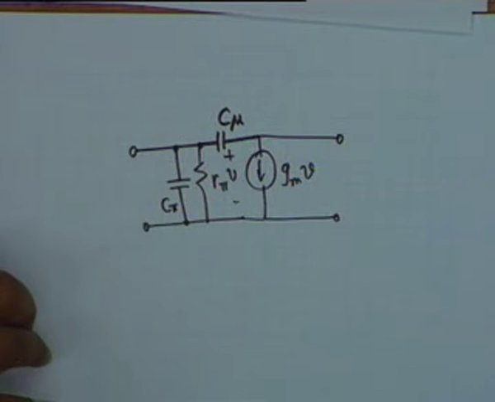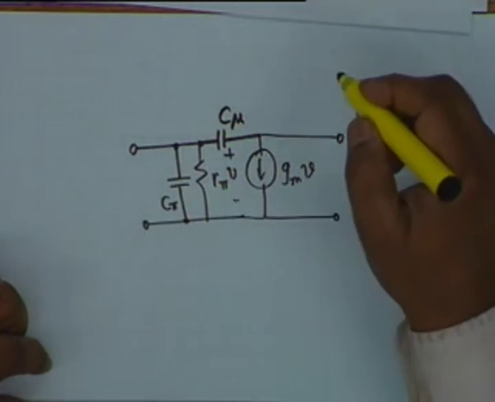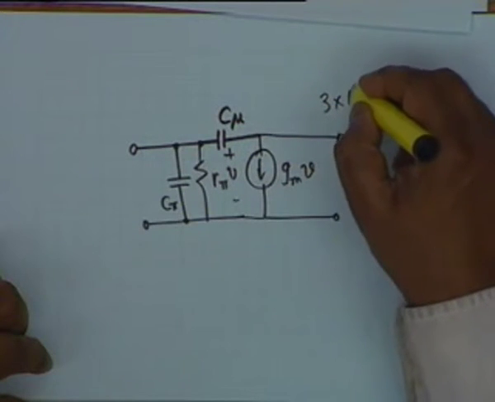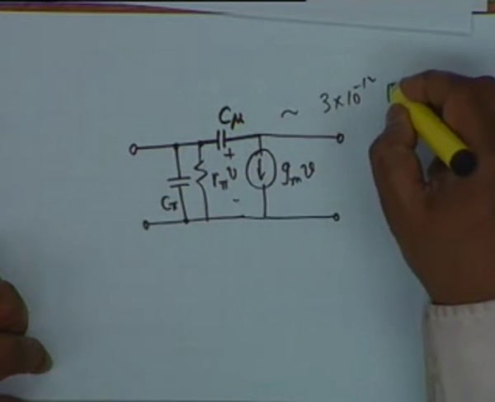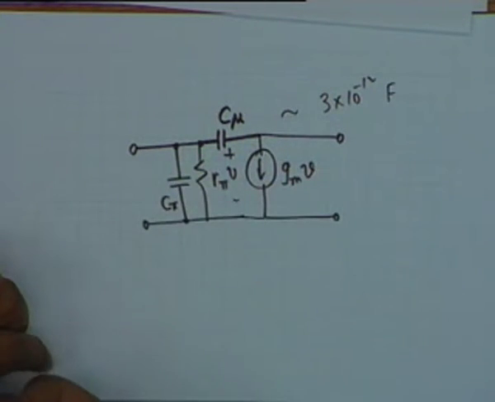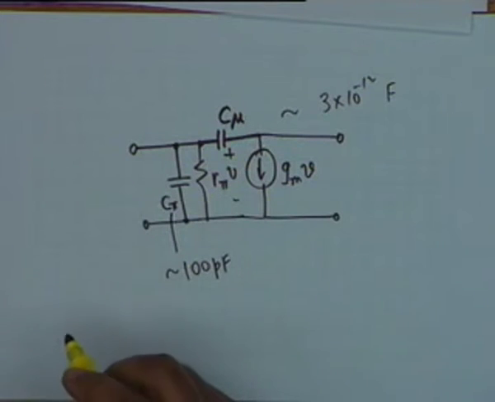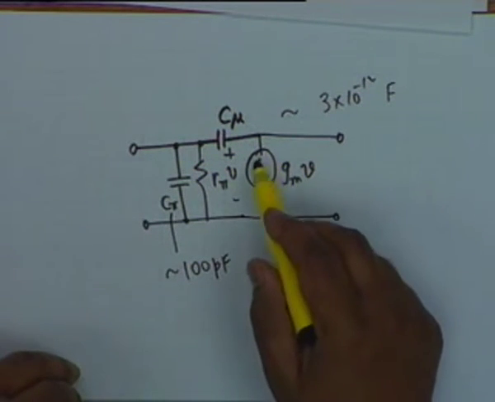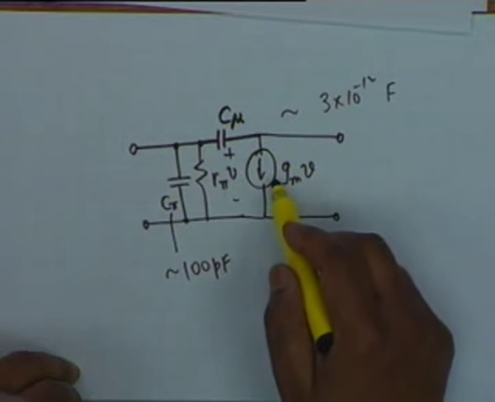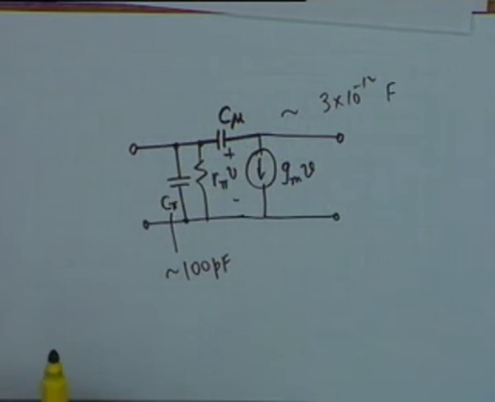is usually a very small capacitor of the order of 3 pF, that is 3 times 10 to the minus 12 farad. C pi is of the order of 100 pF, about 30 to 40 times larger. Even then, because of this voltage controlled current source, C mu can cause havoc.